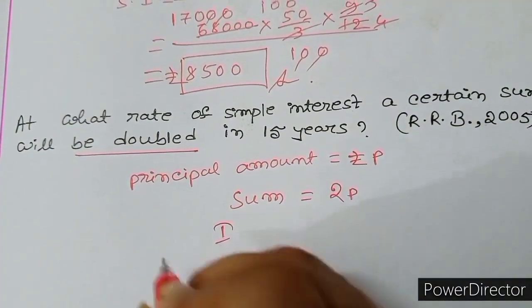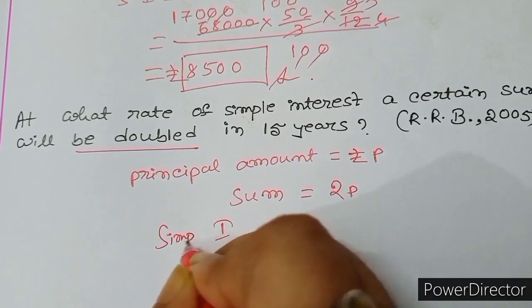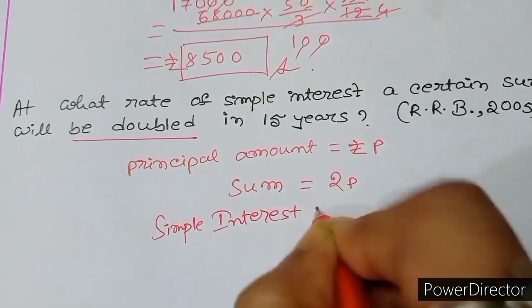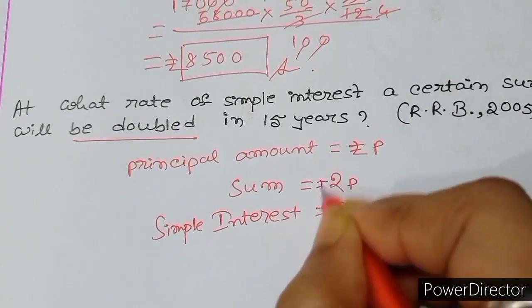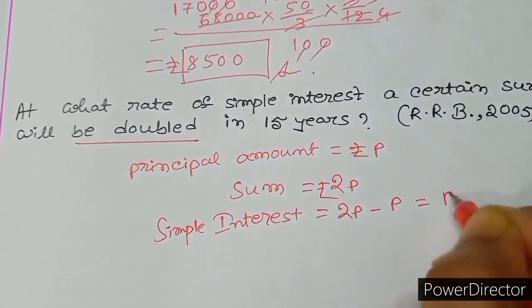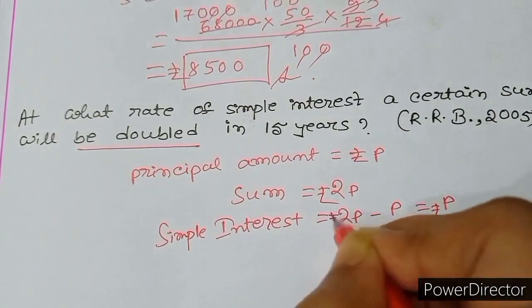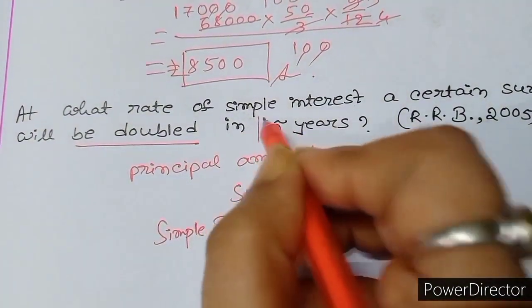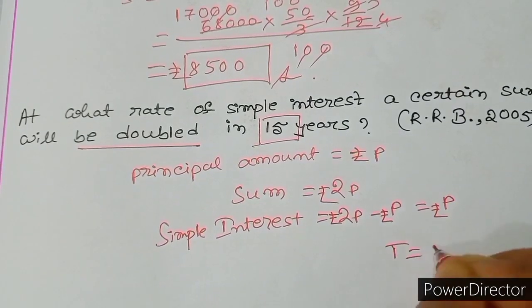So the simple interest equal to 2P minus P equal to P. So simple interest equal to P. Time equal to 15.